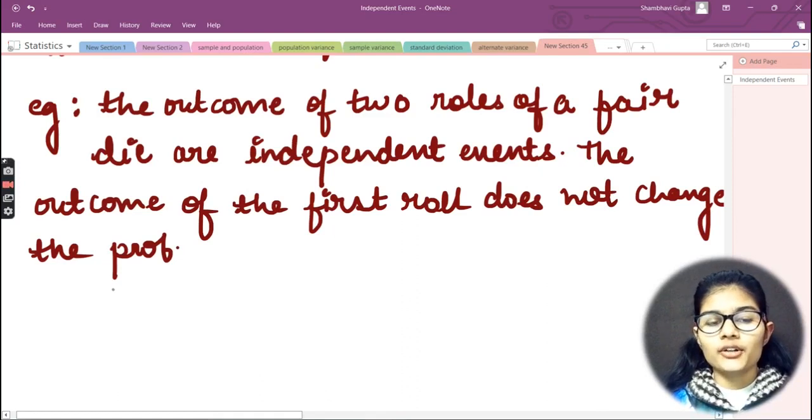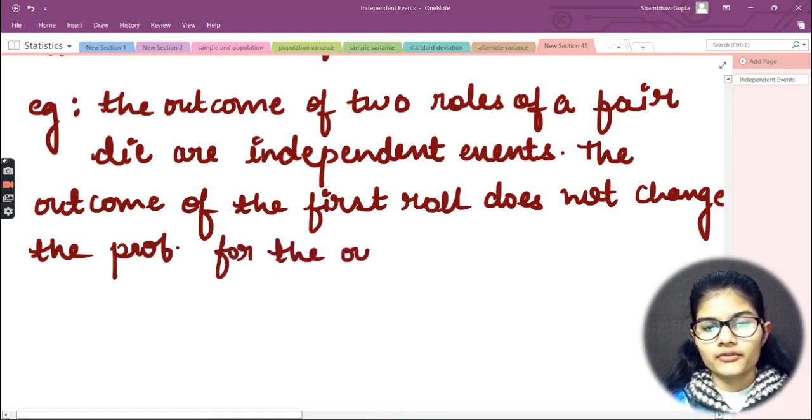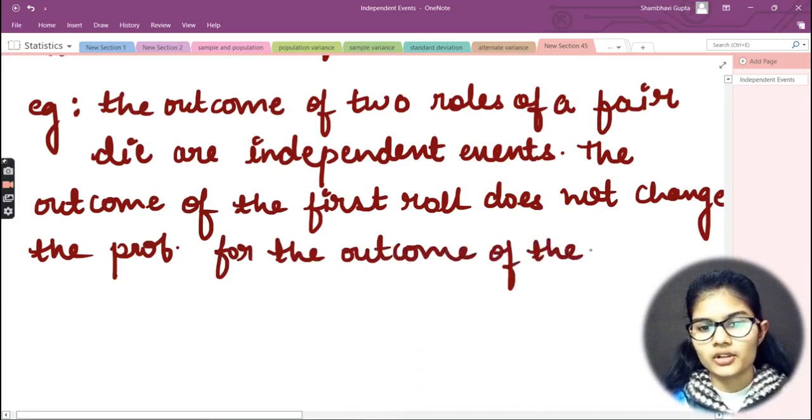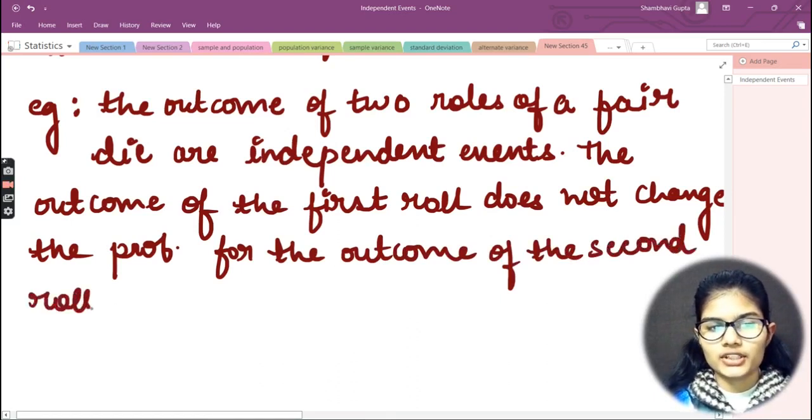The outcome of the first roll does not change the probability for the outcome of the second roll.